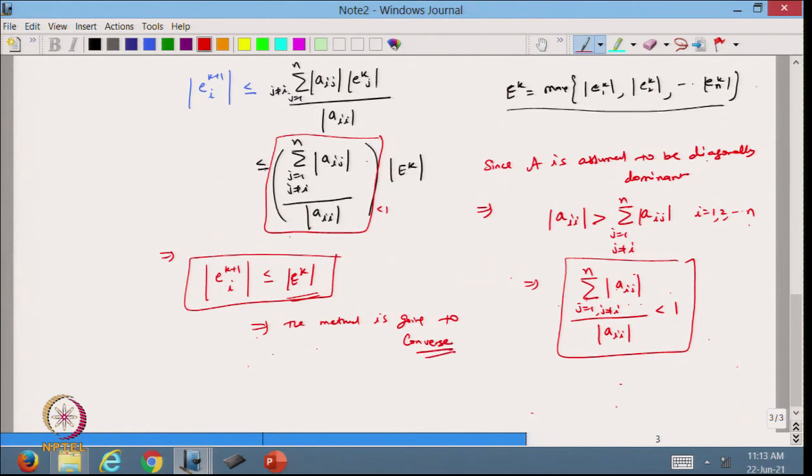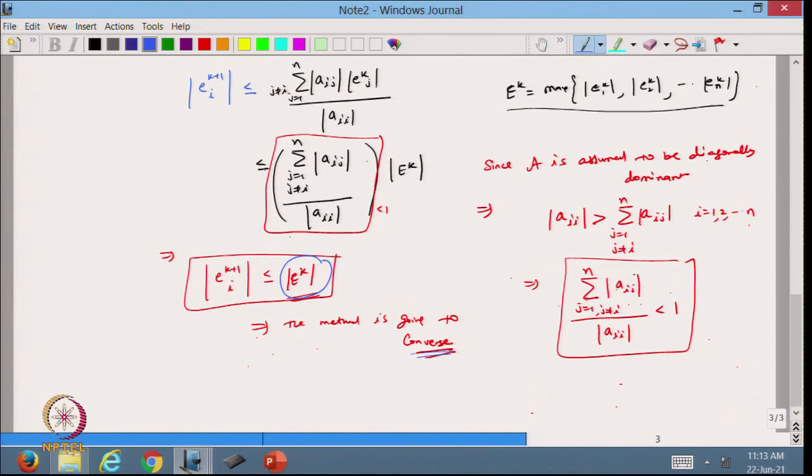Why is it going to converge? Because the error introduced at the kth iteration and the error introduced at the k plus 1 iteration: the error at the k plus 1 iteration is becoming less than the maximum error at the kth iteration. It means that as the iterations grow, the error is going toward 0, and so the method is going to converge.